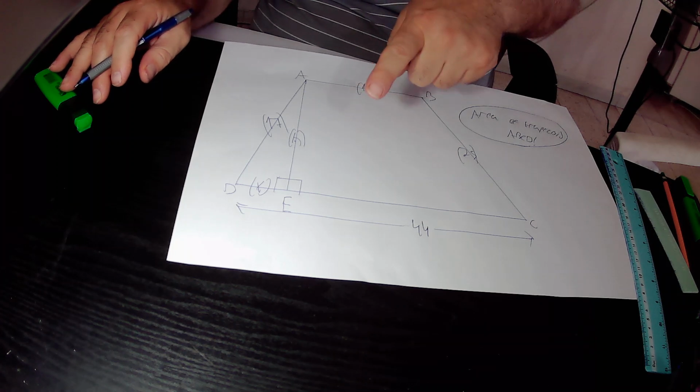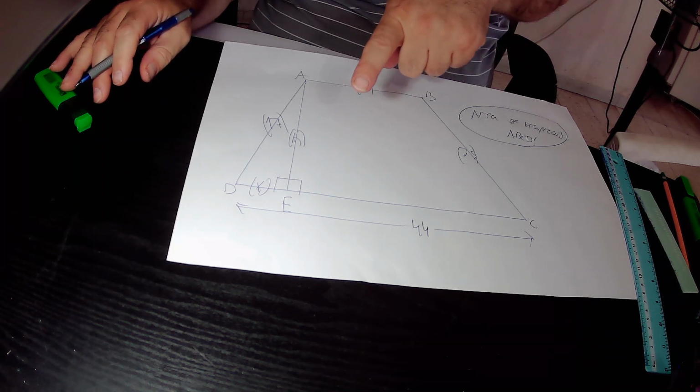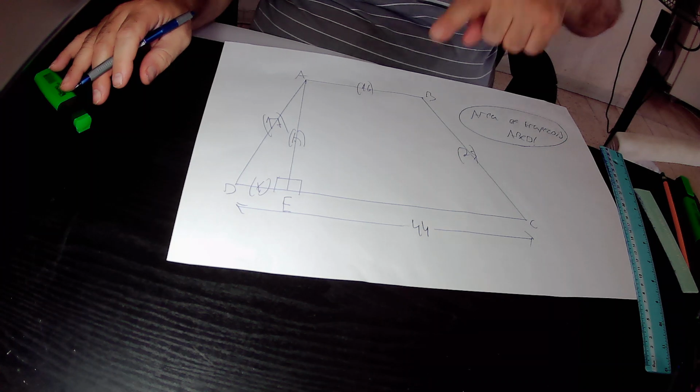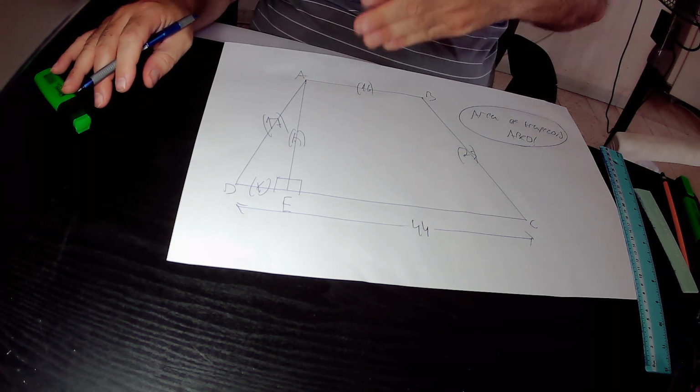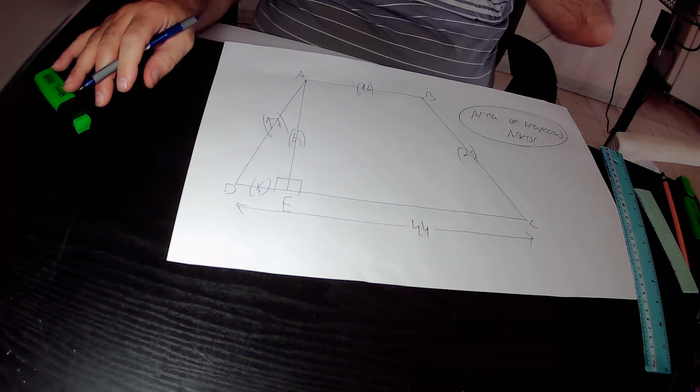Why is H the height? Because H creates 90 degrees with the base DC. Therefore H is also the height of trapezoid ABCD.